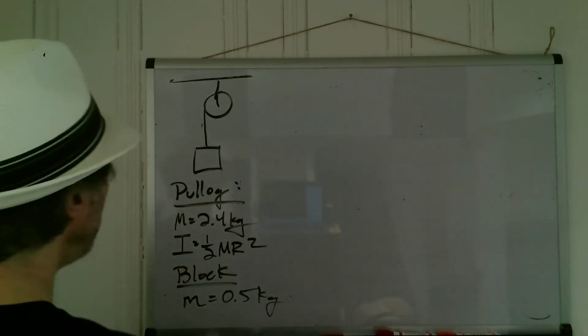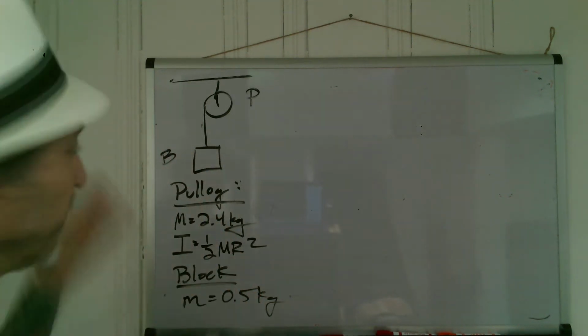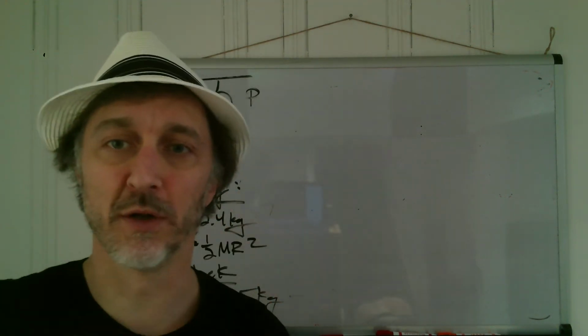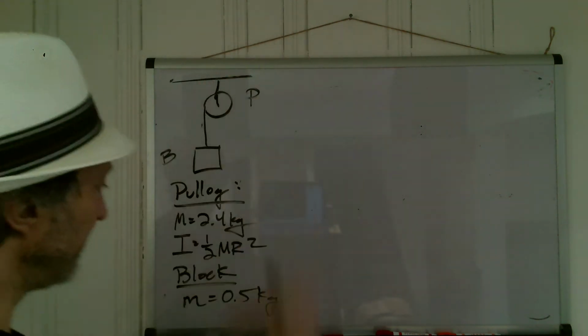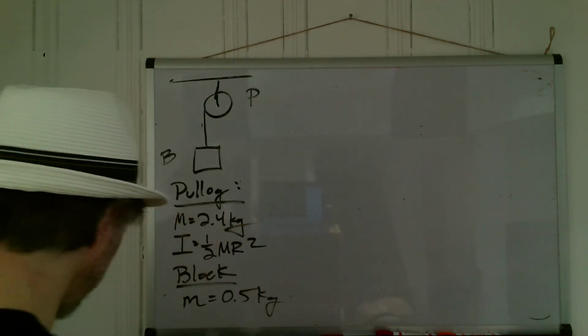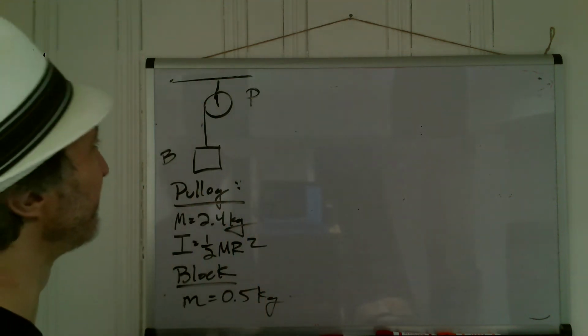So we've got two moving things, a pulley and a block. The pulley is going to be rotating angularly, and the block is going to be moving linearly. So I'm going to write a net torque equals I alpha equation for the pulley, and a net force equals ma equation for the block.